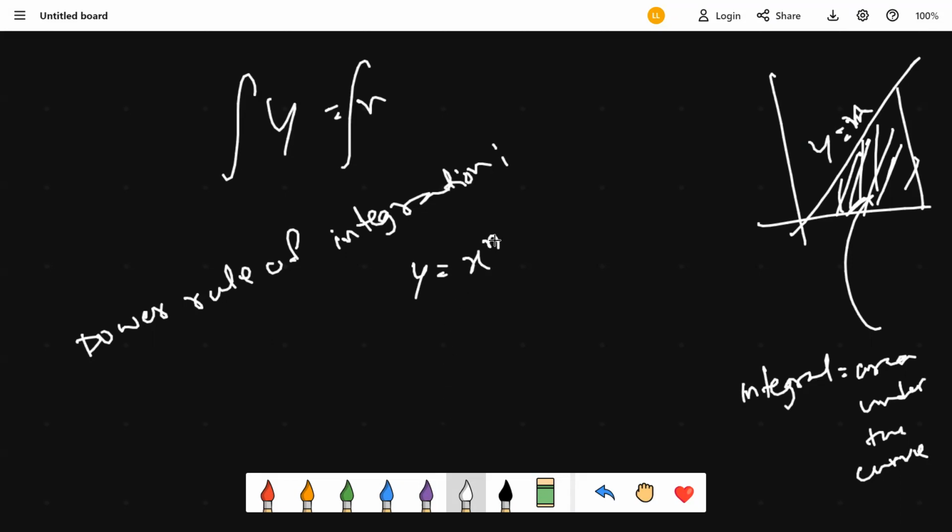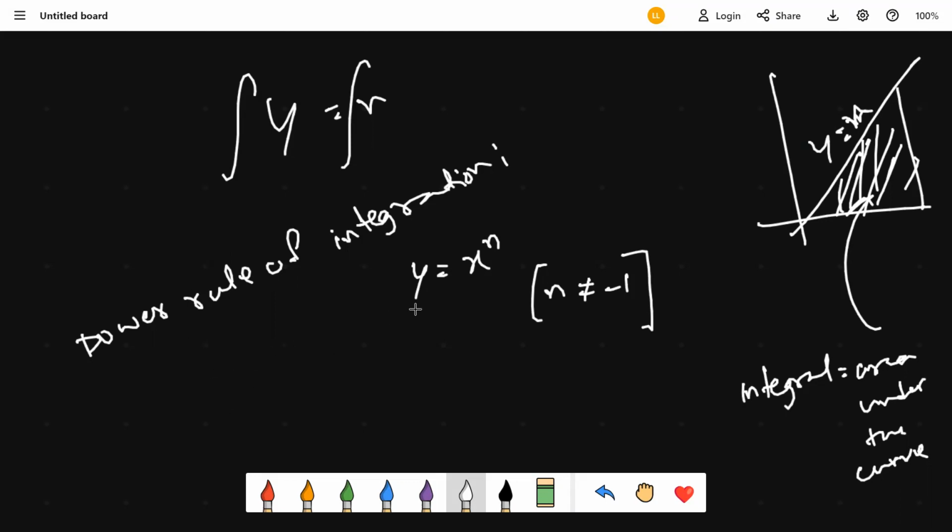Where n itself, we're defining the domain for n, that n cannot be equal to -1. For the power rule only, n cannot be equal to -1. There are other rules where n could be -1, but for this, n cannot be equal to -1. Then the integration of this equation should be something like this.